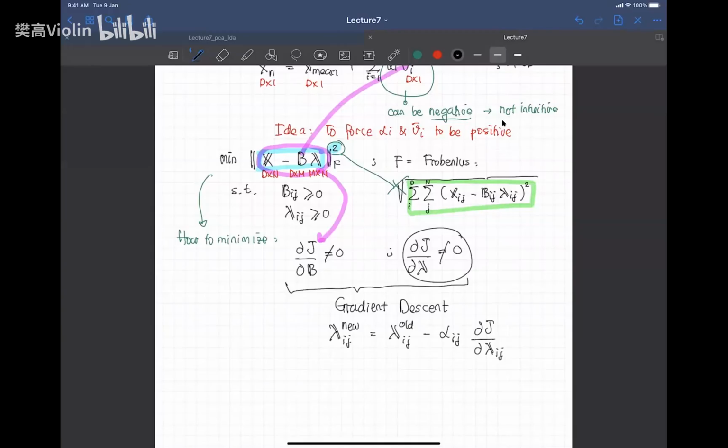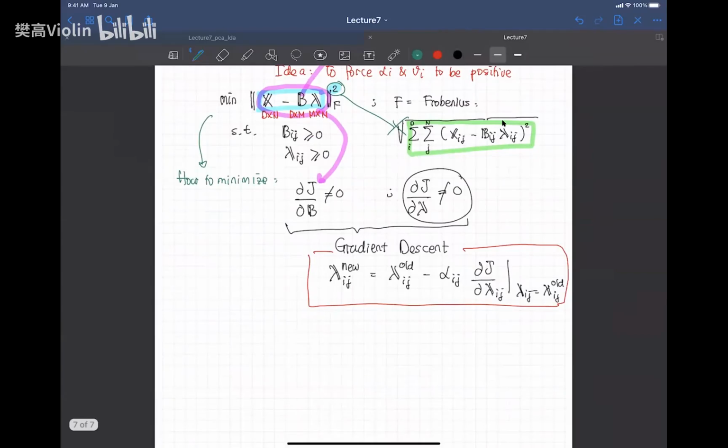And for any other Ij, lambda Ij equals lambda Ij old. So basically this is called gradient descent. I will not explain this because I assume that you learned this kind of concept from other courses.